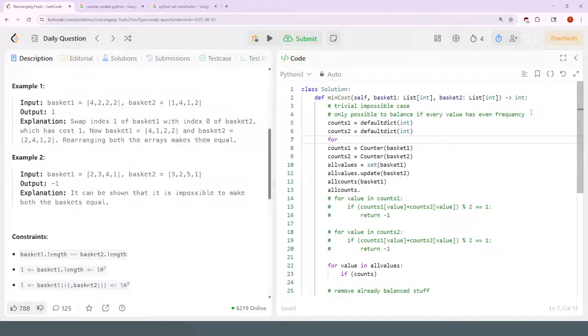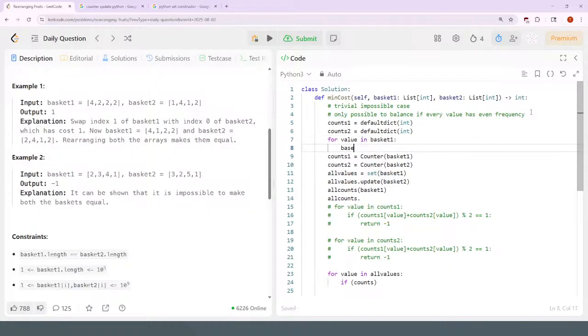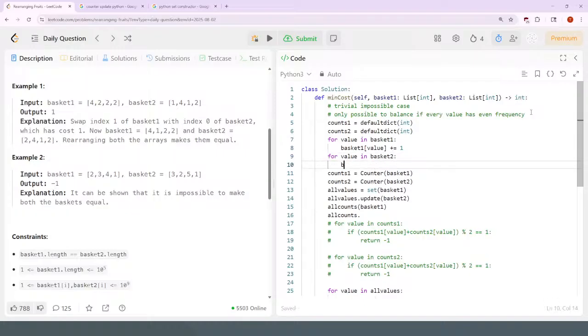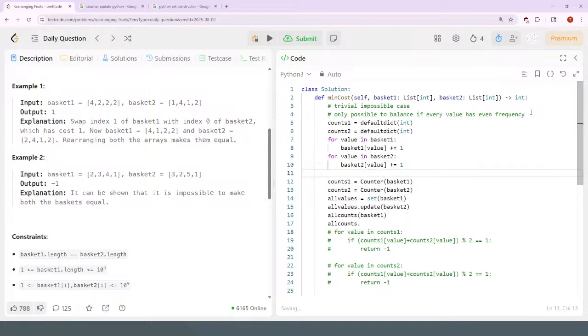And then for every value in basket 1, basket 1 of that value plus equals 1. For every value in basket 2, basket 2 of that value plus equals 1. It's not what I'm doing.